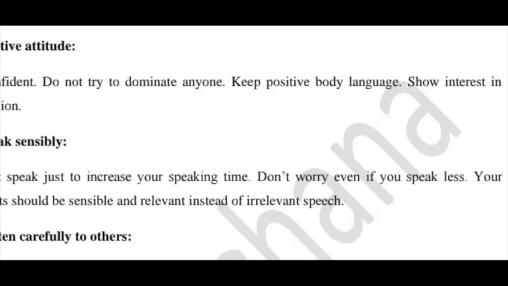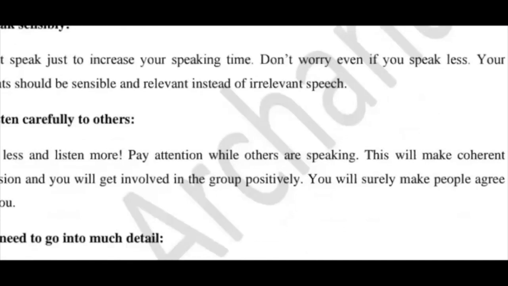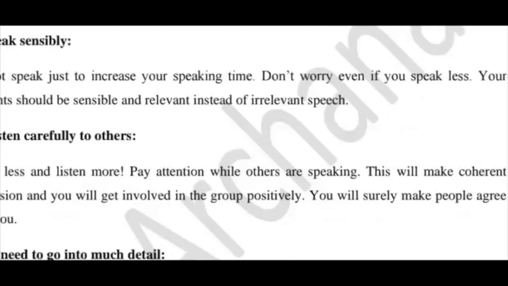The next point we should keep in mind is to speak sensibly. Do not speak just to increase your speaking time. Don't worry even if you speak less. Your thoughts should be sensible and relevant instead of irrelevant. Instead of blabbering all the time, speak less, but speak the golden words.